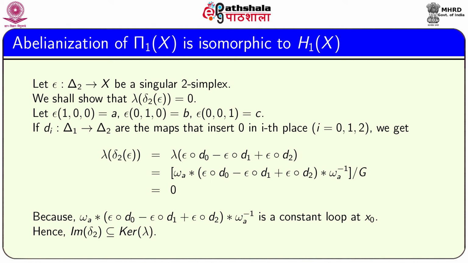That is equal to the class of WA * (ε∘d0 minus ε∘d1 plus ε∘d2) * WA inverse by G, and that has to be equal to 0 because it is a constant loop at the point x0.